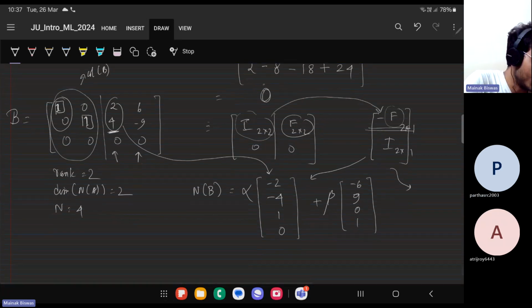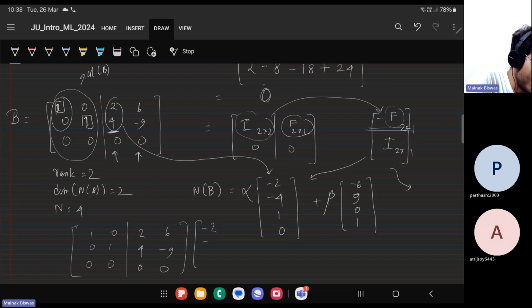Let us check. The matrix is [1, 0, 2, 6; 0, 1, 4, -9]. Just put this vector -2, -4, 1, 0.